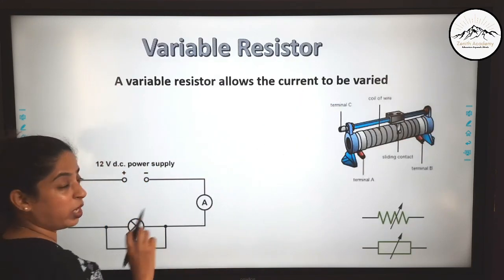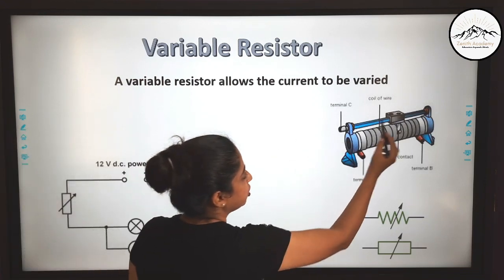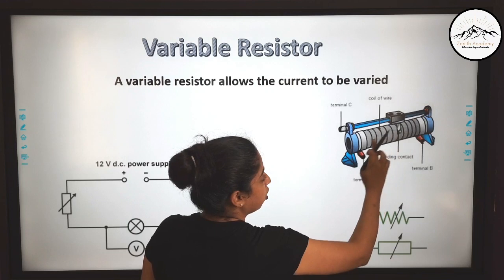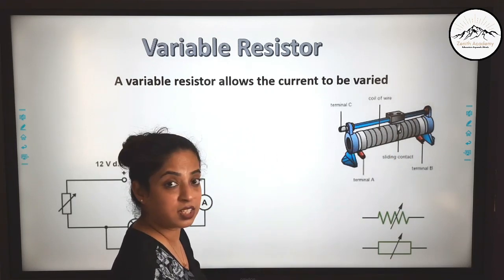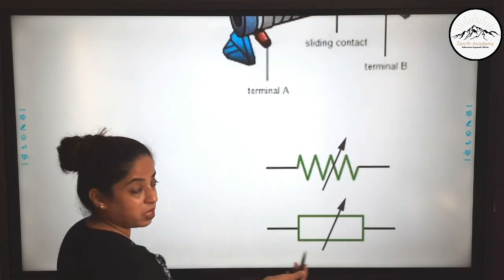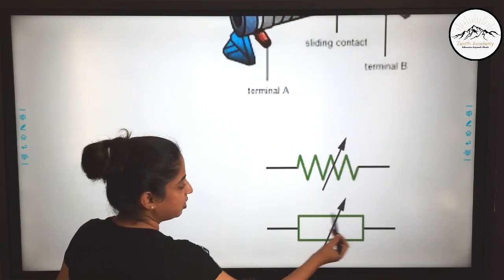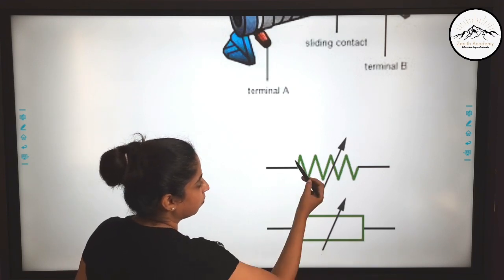But here you can change the resistance in the circuit. So it is somewhat like this. You keep on changing the position of this jockey and you can vary the amount of resistance that this resistor is offering. So these two are the two symbols of variable resistors. We had seen earlier that only this green portion was the resistor.